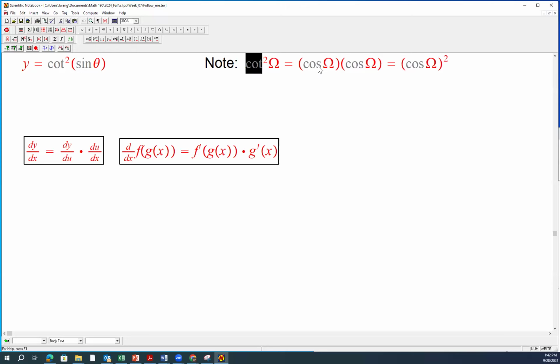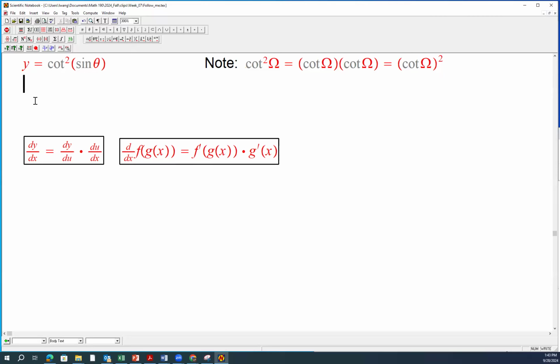So that's the meaning. Differentiating cotangent squared is really cotangent of something, squared. So the u is really the cotangent.